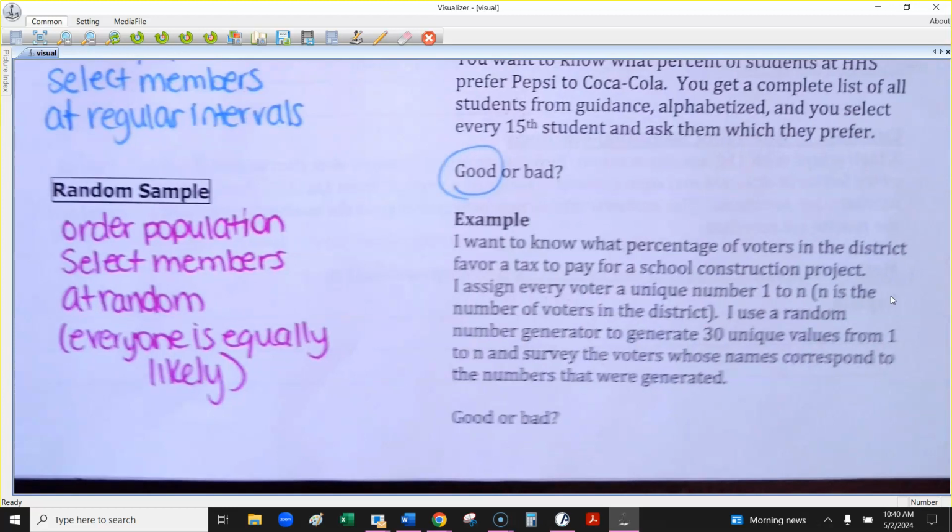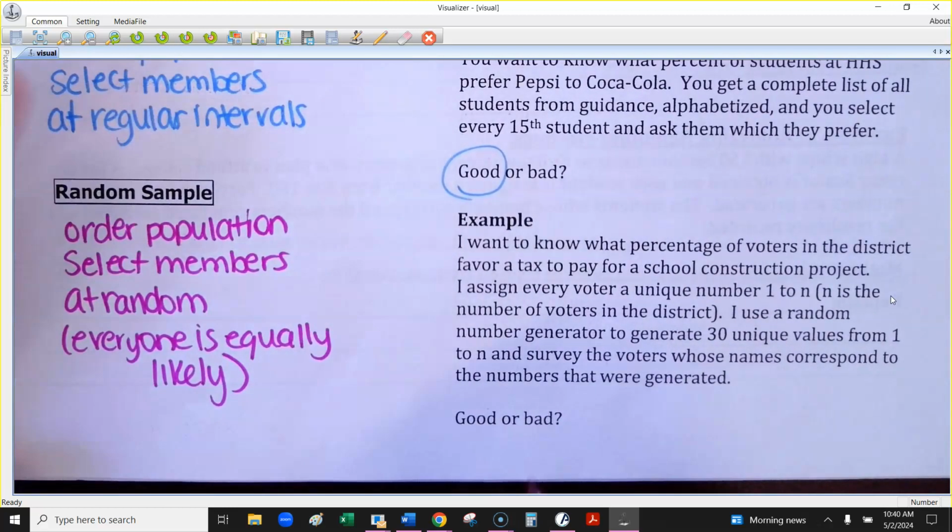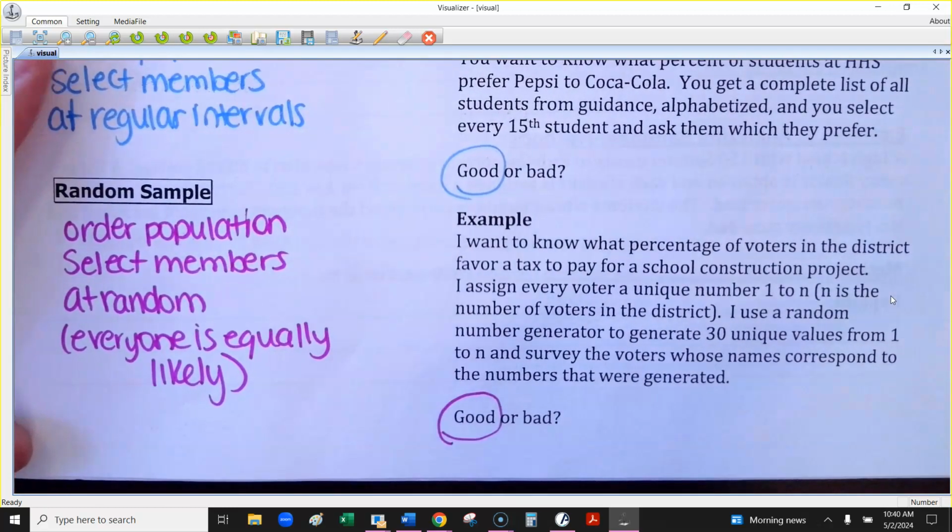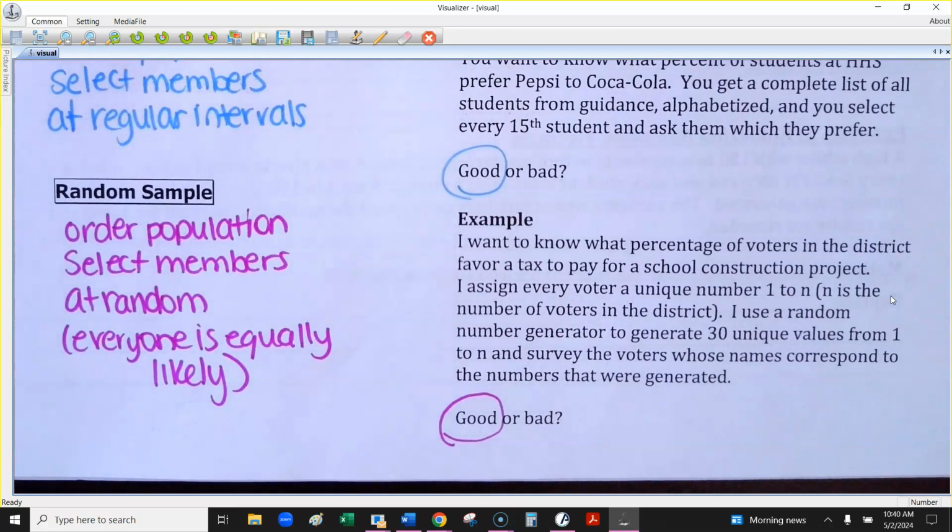Generally, if you can do it, this one or the systematic, these are the two best because you're getting more of a random sample of your population, or you're trying to get more people included. The first two are sketchy sometimes because it depends on who responds to it or what you have decided is a convenient way to collect data.